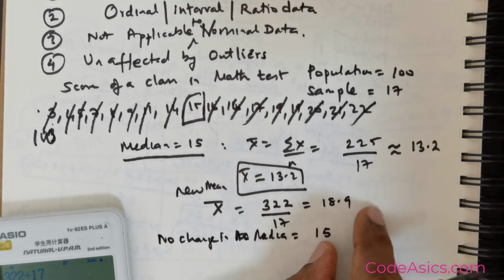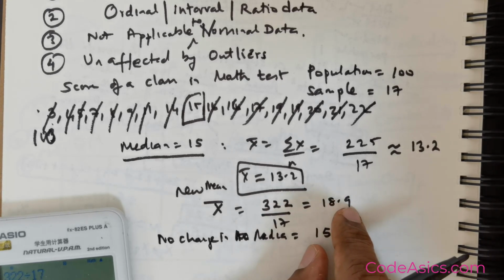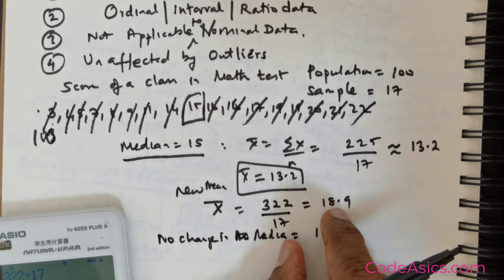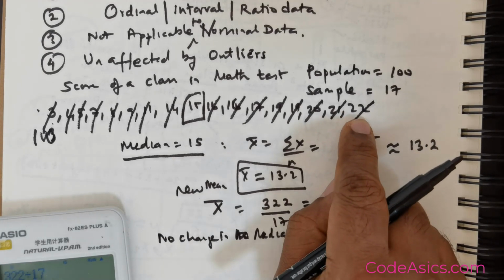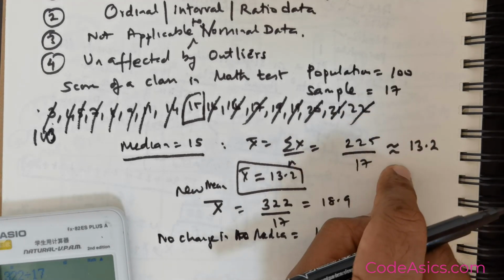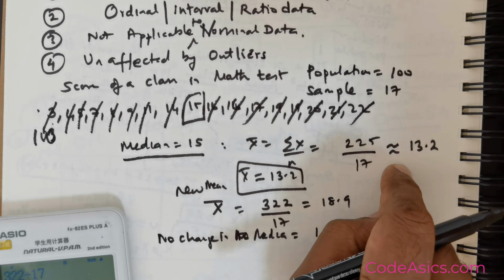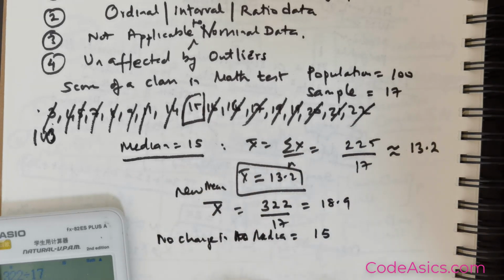If students, on an average, are getting 18.9 in the math test, that is totally different from getting 15 on the math test. Okay, so even if I were to change this 22 to 100, definitely there will be a change in the mean, but the median will remain the same. So that is the power of the median. It will not be affected by outliers.